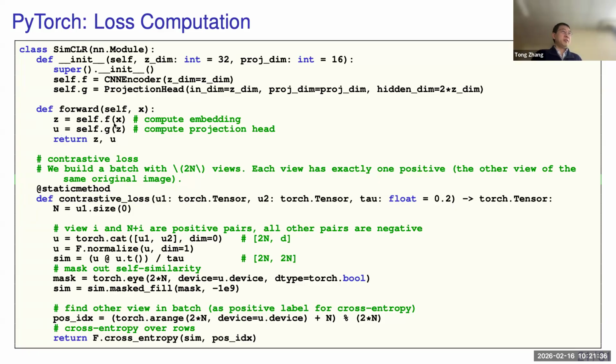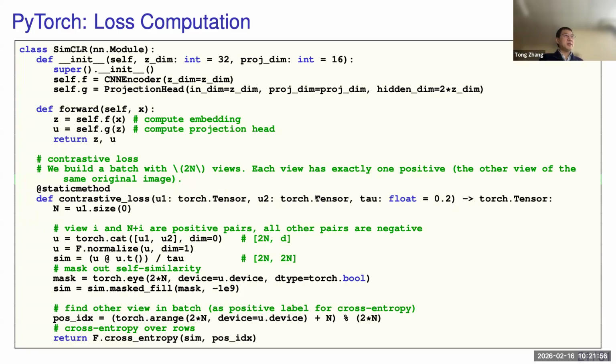So this forward is for training. Generally, you are computing two transformations, and then for the contrastive loss, U1 is one view and U2 is the other view. So you do a concatenation here.